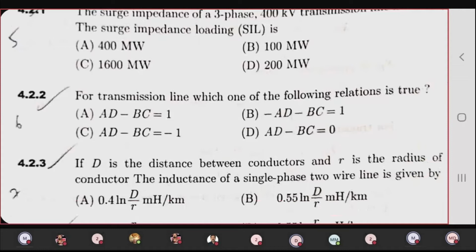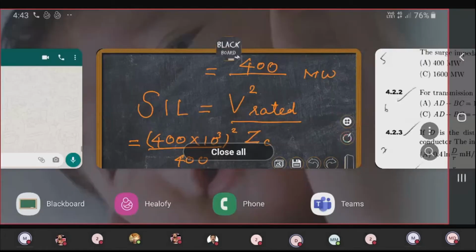So in transmission line parameters, we are aware of these values. We know the constant A, we know the constant B, the constant C, and the constant D. So which relation is true? We know reciprocity in transmission line.